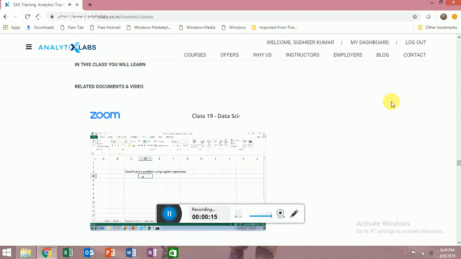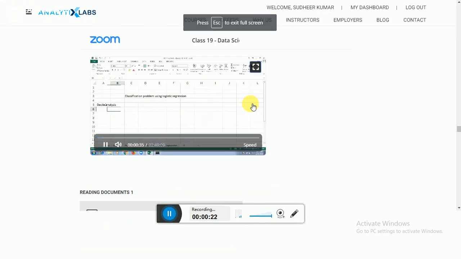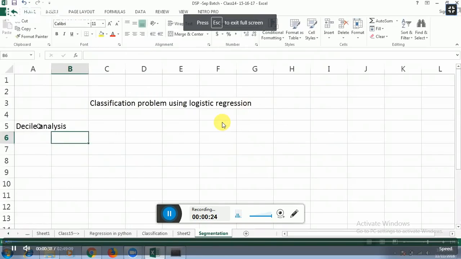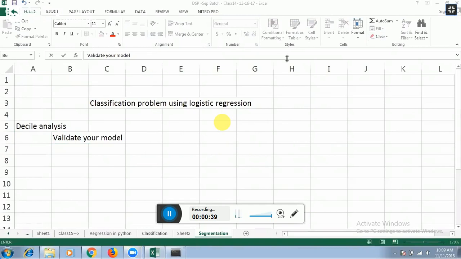See, the idea about decile analysis is, as I said, that it can be used in two ways. The first one is to validate your model.